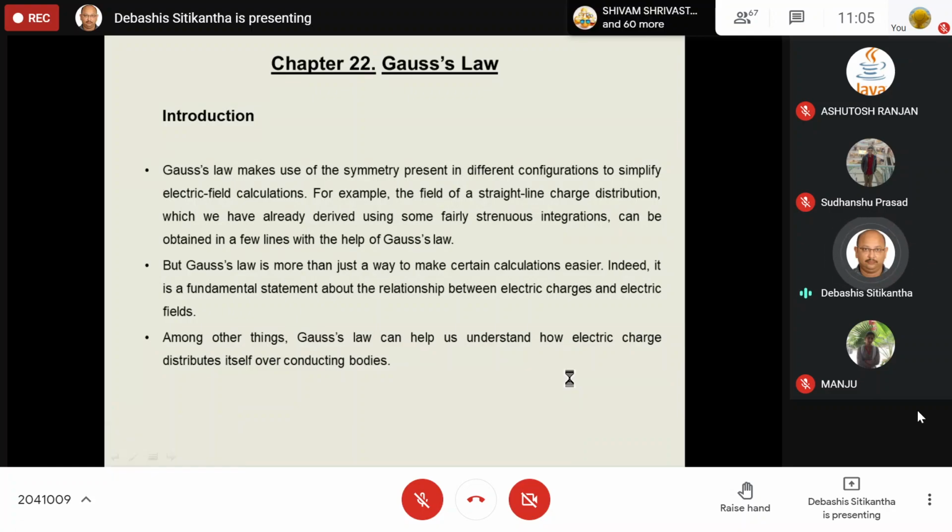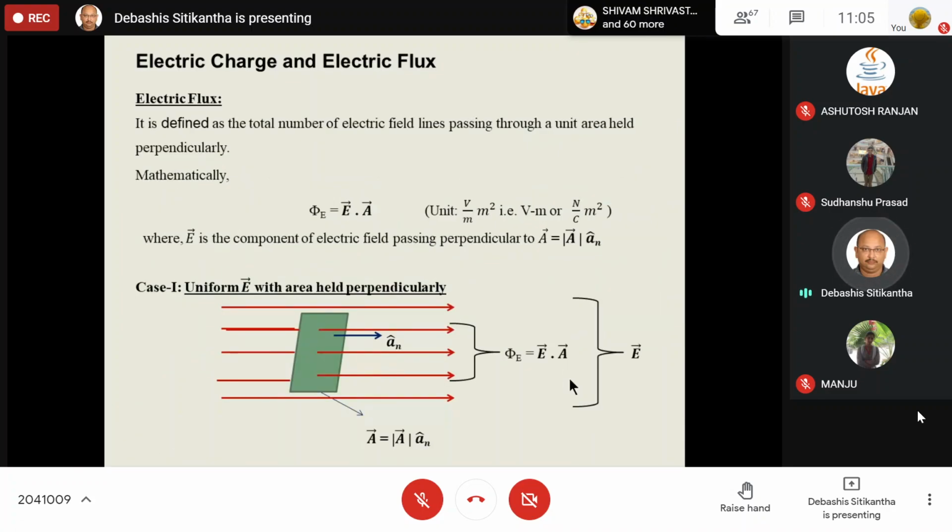So let us start. As I told you, in order to venture into Gauss law, we need to have some good idea about electric flux. Electric flux is something we have already introduced, and I told you that electric flux is nothing but the total number of electric field lines passing through an area which is held perpendicular to the electric field.